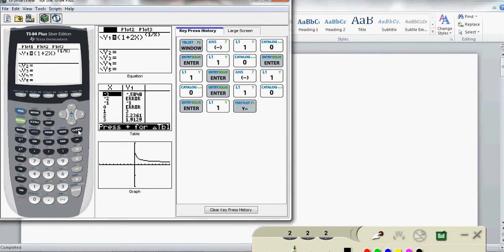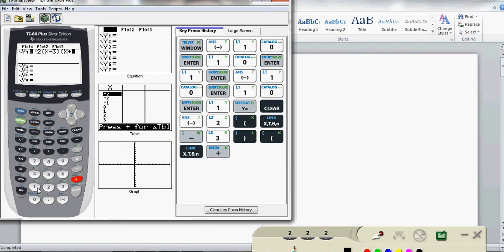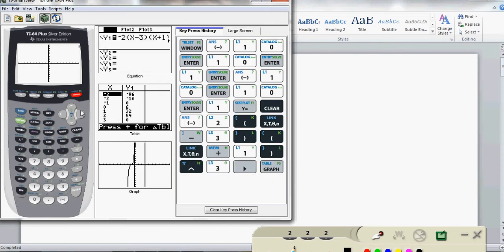And then I'm going to clear out anything that I've had in the past. So I need to put in -2 times (x minus 3), close the parentheses, and then open up another set and go (x plus 1), and I'm going to have to take that to the 3rd power and then graph it. See what I get.